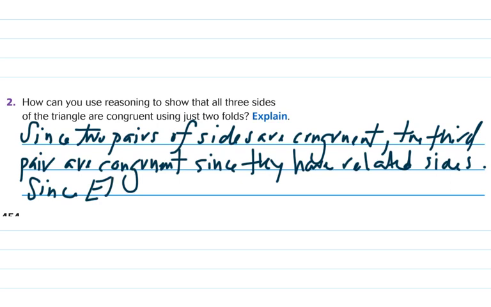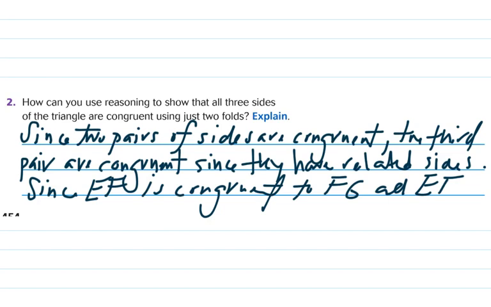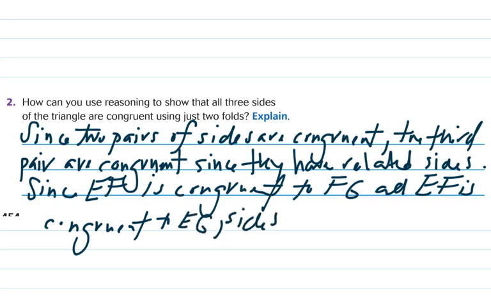Since EF is congruent to FG, and EF is congruent to EG, sides FG and EG are congruent.